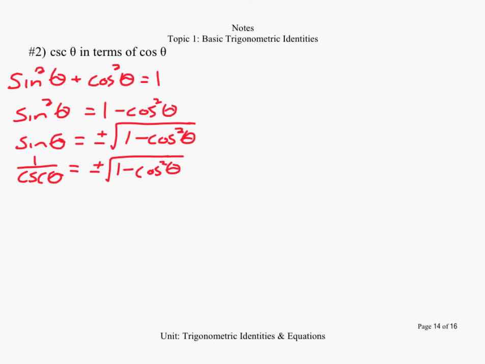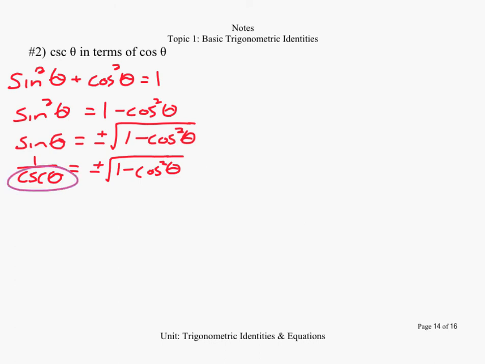So it seems like we're pretty close, but we're not quite there yet. We do have cosecants and cosines only, which is great. But one side has to be cosecant of theta, and just that. It can't be the bottom of the fraction, it has to be the top. What if we were to multiply both sides by cosecant of theta?